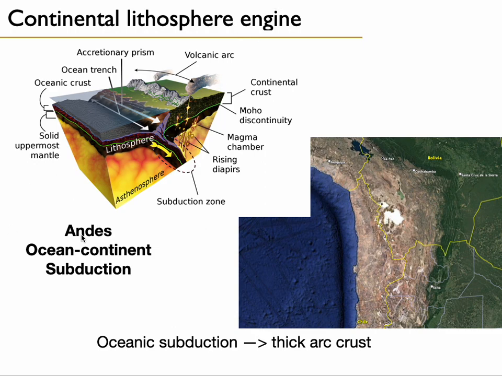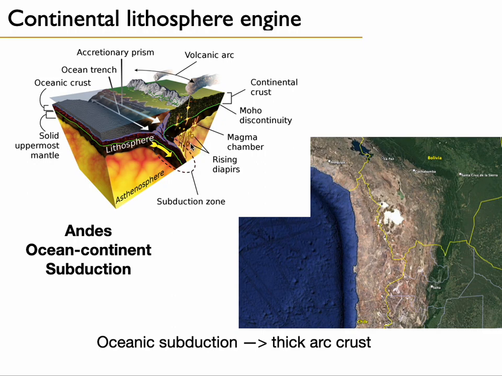It's the ocean-continent subduction of the Andes here. In this case, the subduction leads to the formation of a very thick arc here. So the crust is thickening here because melting in the subduction regime leads to the emplacement of numerous batholiths.